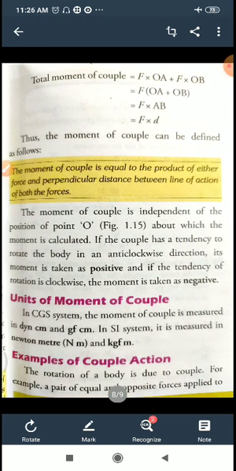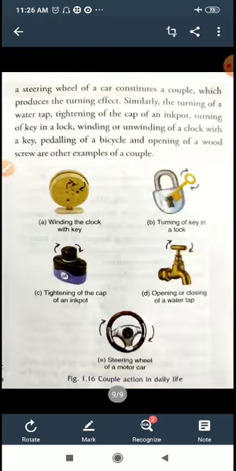Some examples of couple action are also given. The rotation of a body is due to a couple. If any body is rotating, or if we are trying to rotate it, it is because of the couple action only. For example, a pair of equal and opposite forces applied to the steering wheel of a car constitutes a couple, which produces the turning effect.